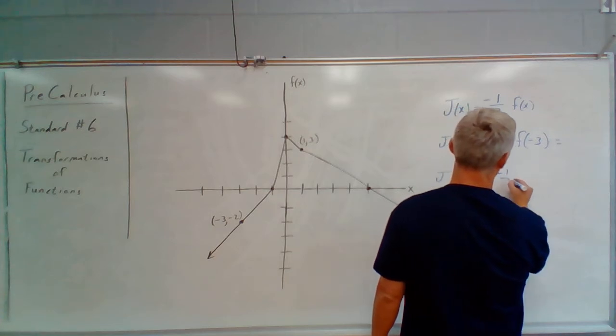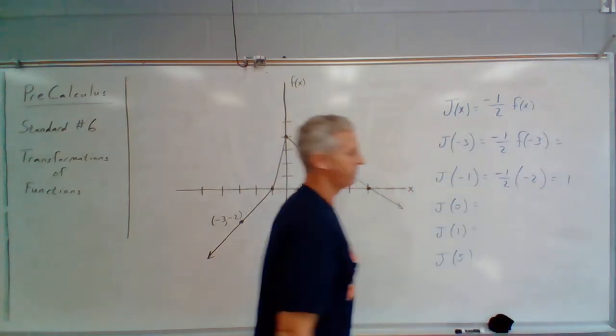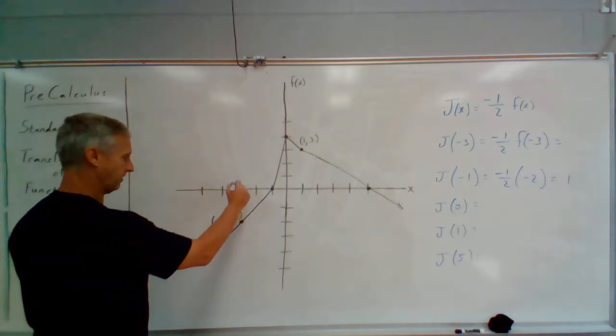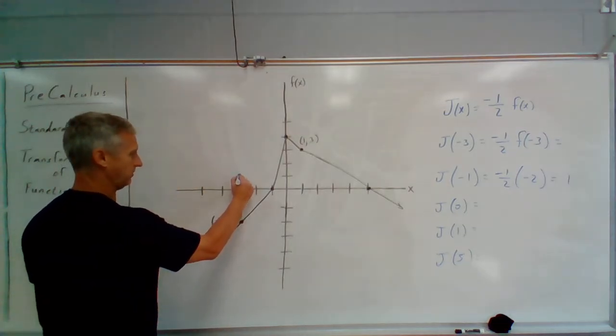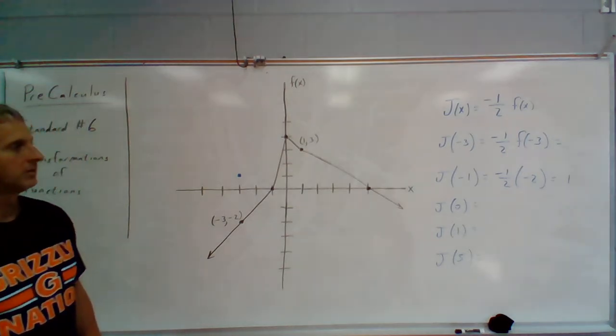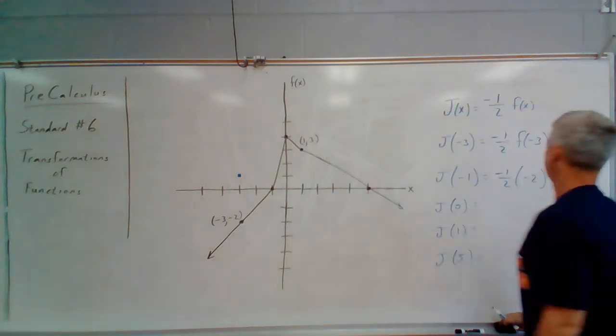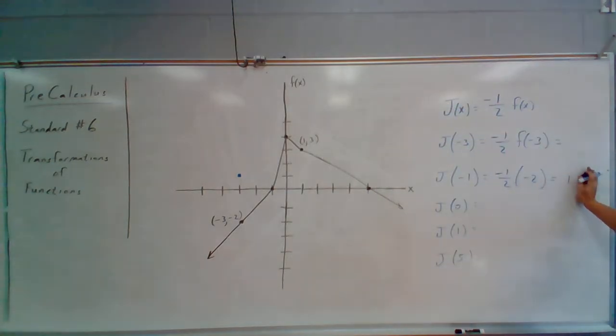So I have negative 1/2 times negative 2. It'll be a positive 1. We can try that again. That's negative 1/2 times negative 2, which is 1.